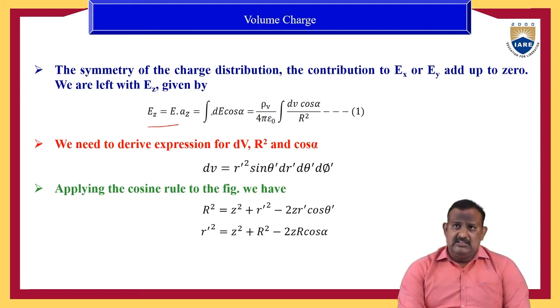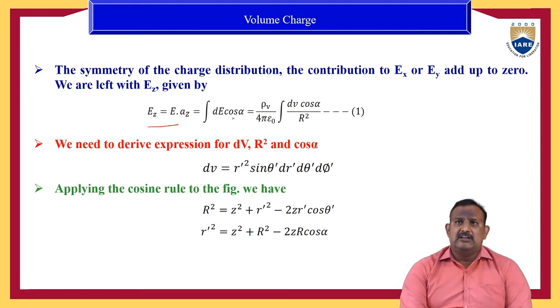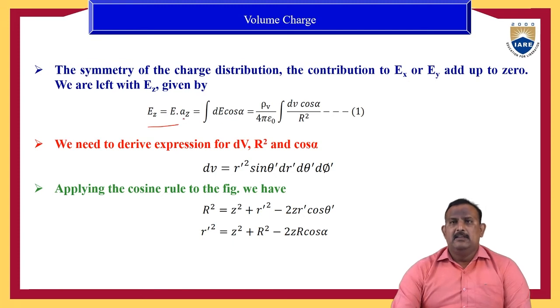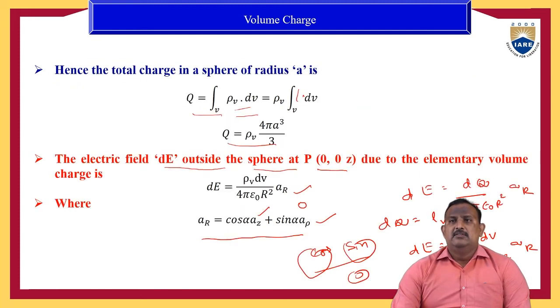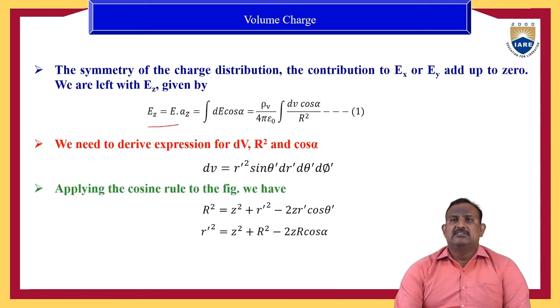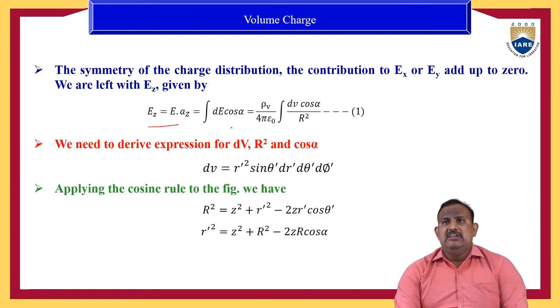Which is integral dE cos alpha, because in place of E into AZ, we are writing dE cos alpha. And dE we already know: integral rho v by 4 pi epsilon naught into dV cos alpha by r square.